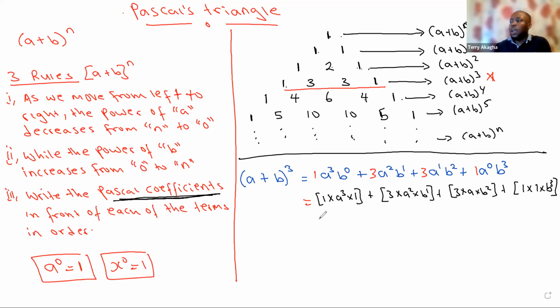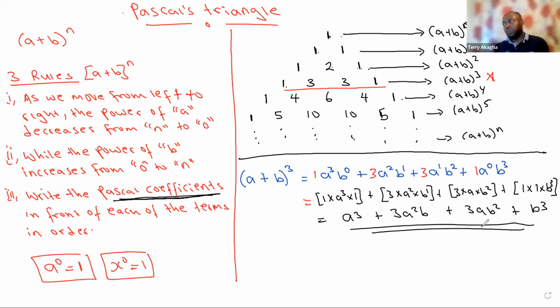Can you see? And this is going to give you A cubed plus 3A squared B plus 3AB squared plus B cubed. And that will be the answer for that.